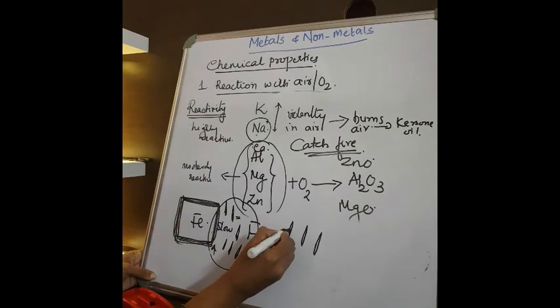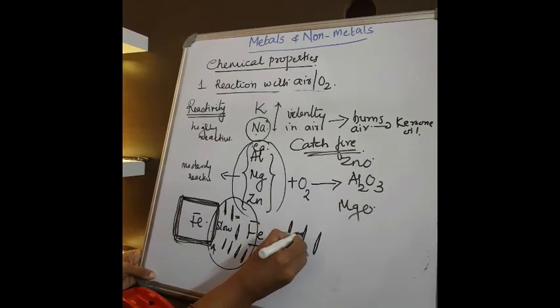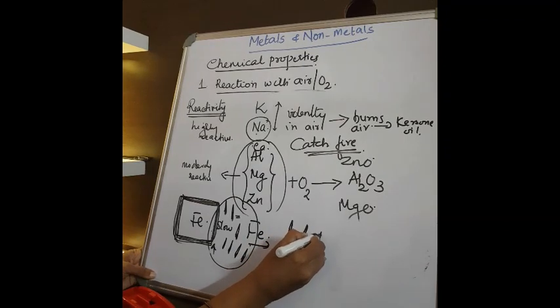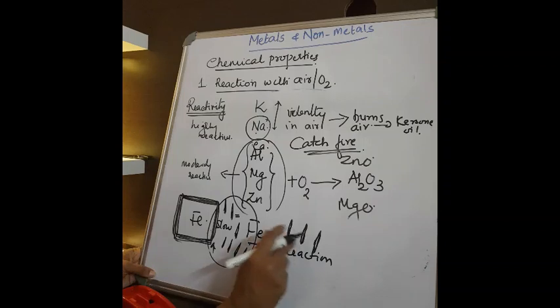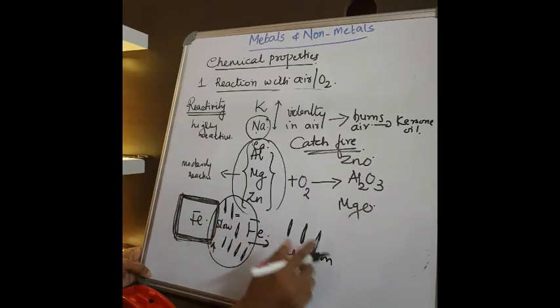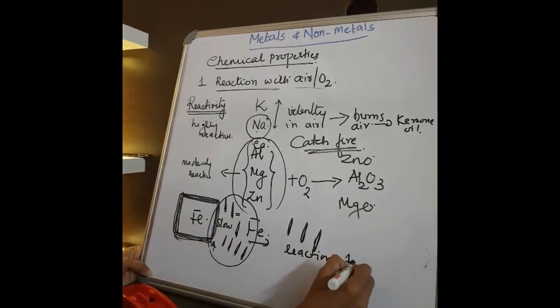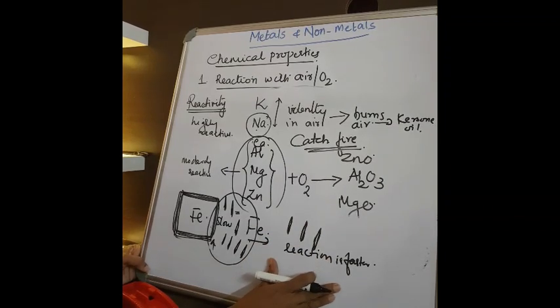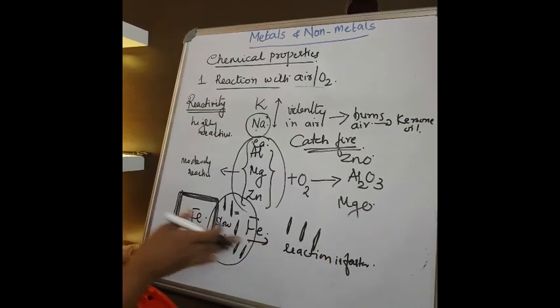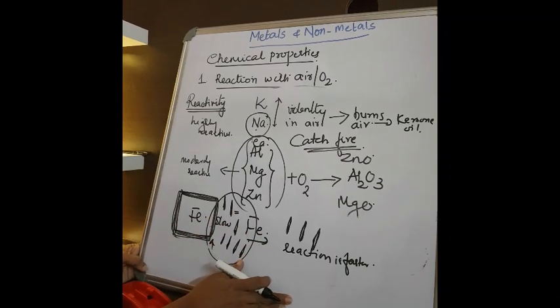But for iron filings, the surface area is more. So the reaction will become faster. Due to the increase in the surface area of iron filings, the reaction is faster. Just note it down, that's all. But normally in an iron block, the reaction is slow.